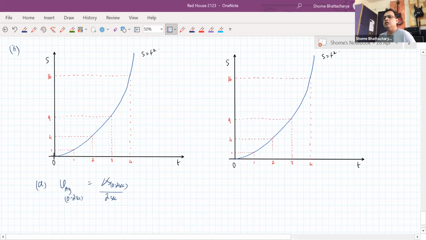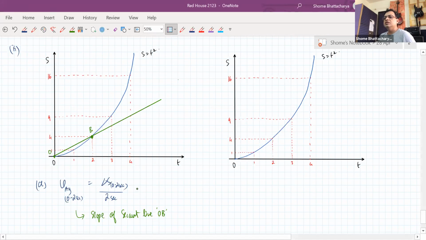So I'd have to draw a secant line joining these 2 points. This is the point at t equal to 2 seconds. So this is the point B, and this is the origin point. So the geometrical meaning would be the slope of the secant line, let's say OB.